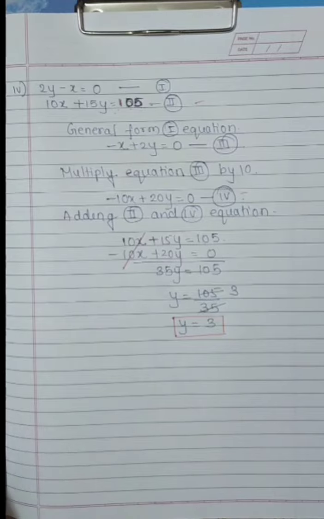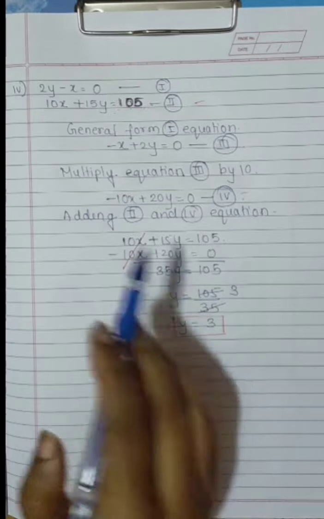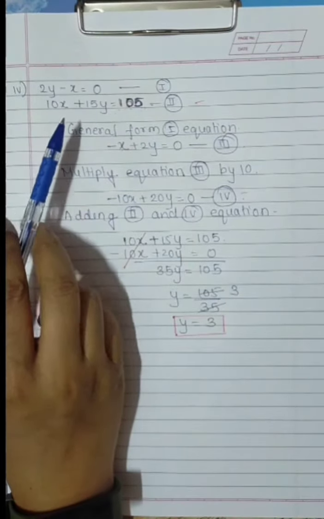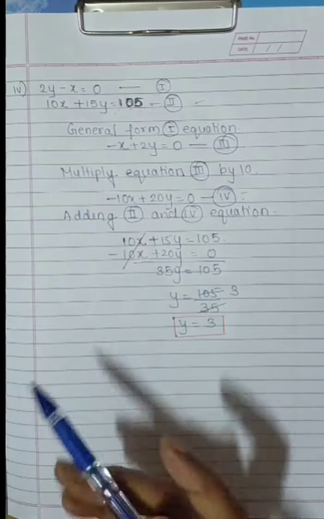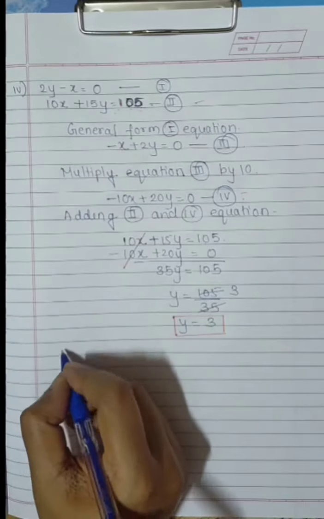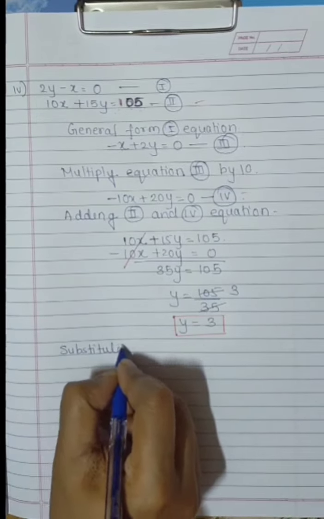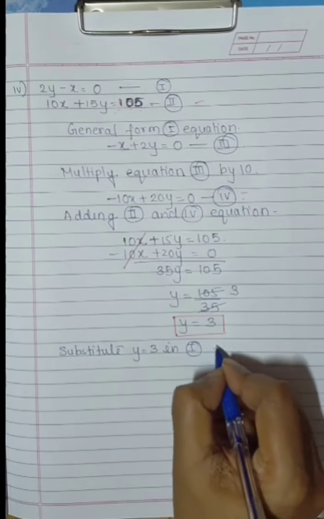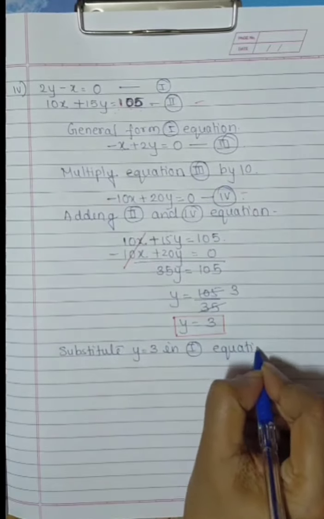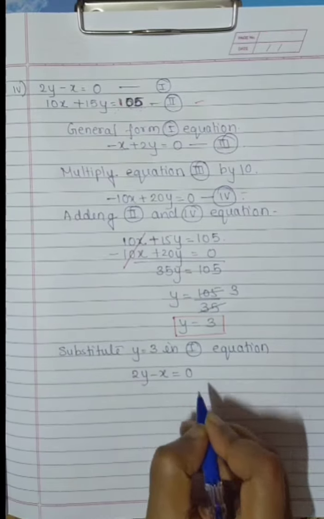Okay. Now after getting the value of y, we are going to put this value in one of the equations to get the value of x. So I am going to use the first equation. Substitute y equal to 3 in the first equation: 2y minus x is equal to 0.